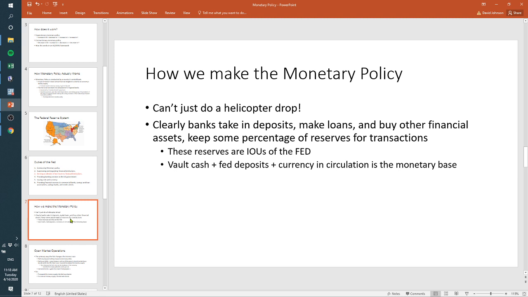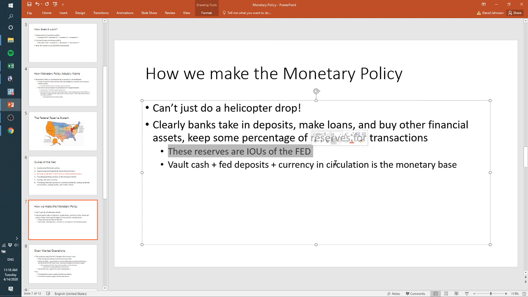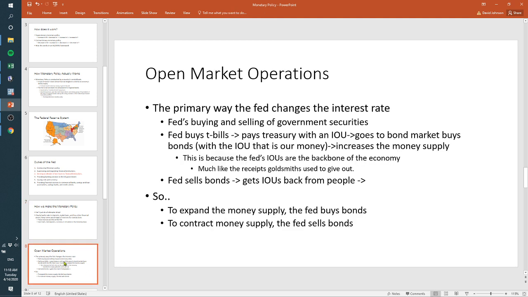So how do we make monetary policy? We've already gone over this, but the Fed can't just do a helicopter drop. These reserves are the IOUs of the Fed. So let's engage in a little bit of monetary policy.